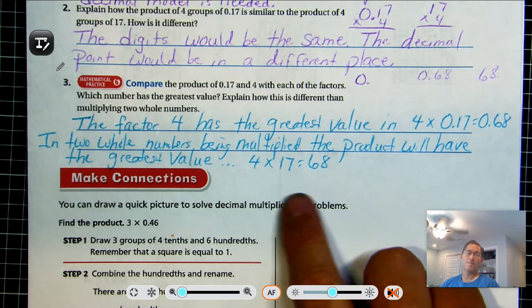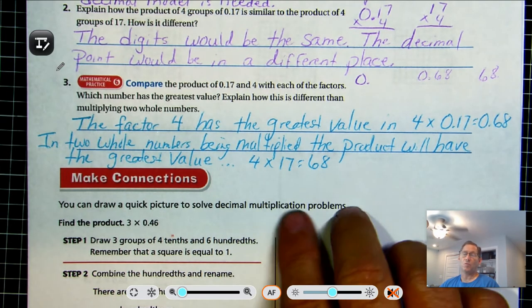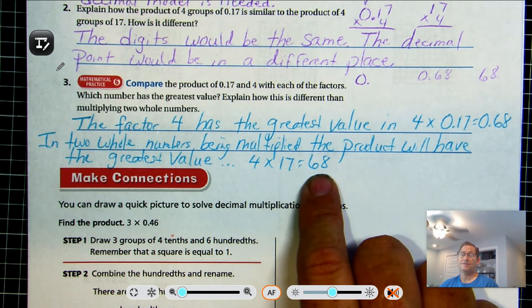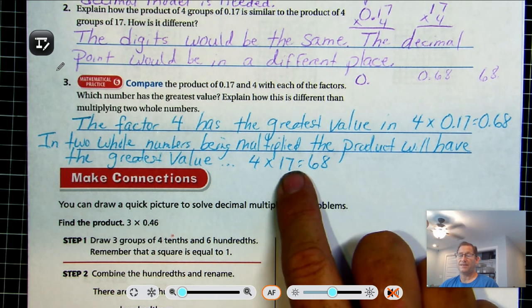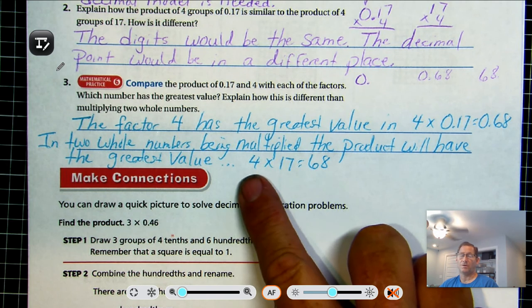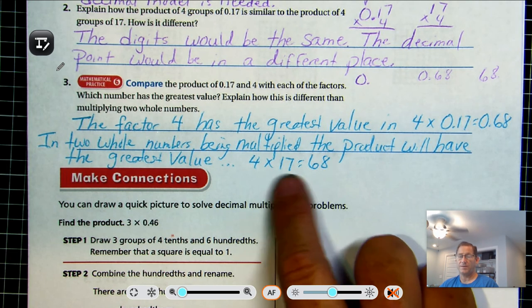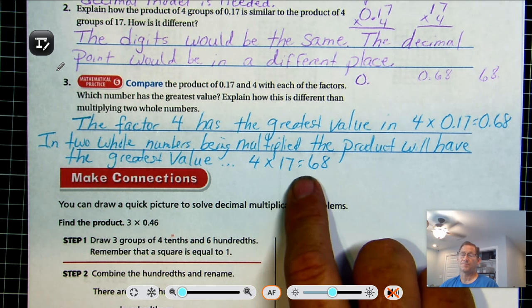Okay, so if we multiply two whole numbers, like 4 and 17, we know we'd get 68. Well, 68's larger than 17. 68 is larger than 4. So the product is the largest value in that multiplication problem.